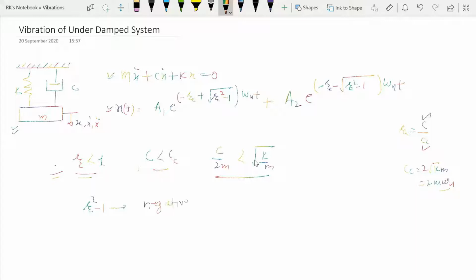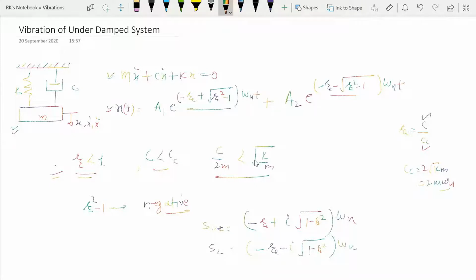And if this value is negative, then these are two roots, and these two roots can be represented as S1 equals minus zeta plus iota square root of 1 minus zeta square omega n, and S2 equals minus zeta minus iota square root of 1 minus zeta square omega n.